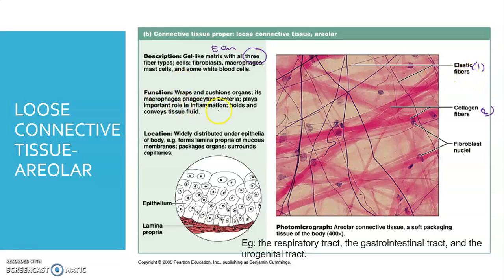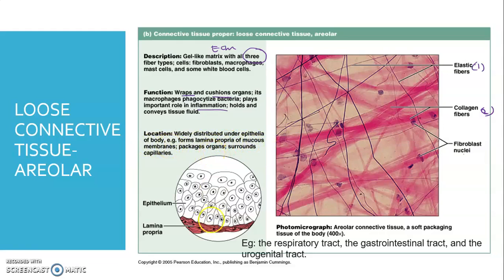The function is to wrap and cushion organs, and it also plays a role in inflammation for the immune response, and in holding and conveying the tissue fluids. Where can it be found? It is widely distributed under the epithelium of the body.